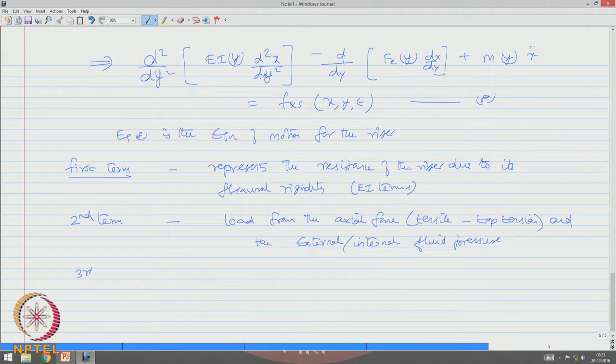The third term in the above equation is the internal resistance of the riser segment. The right hand side of this equation needs some special attention, which is f x s of x, y and t. The right hand side of this equation represents the applied horizontal force on the riser.